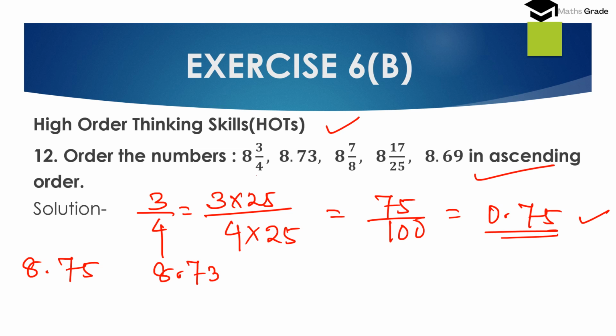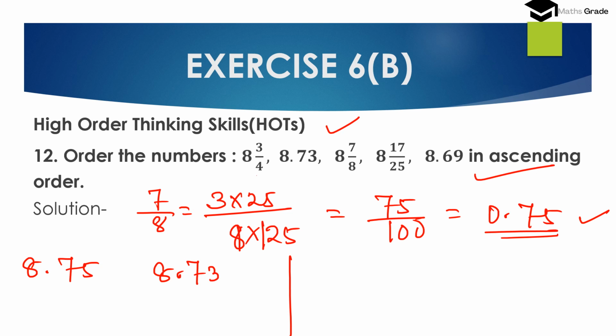Now 7 divided by 8. Convert this denominator to 10 or a multiple of 10. So we multiply the denominator 8 with 125.